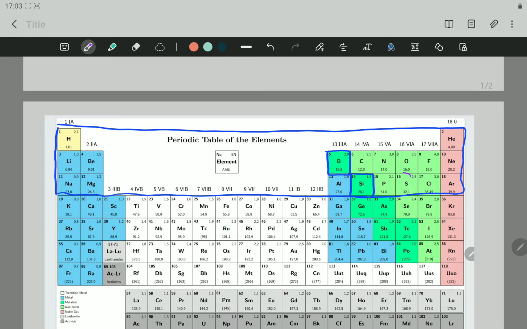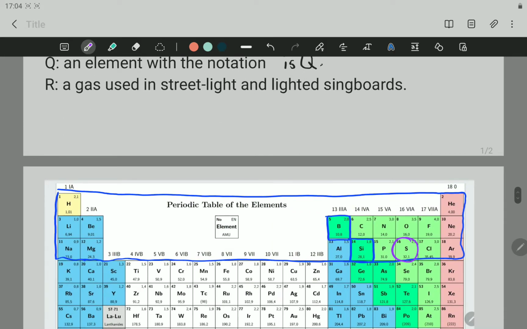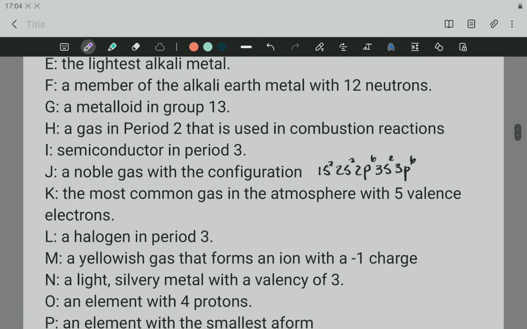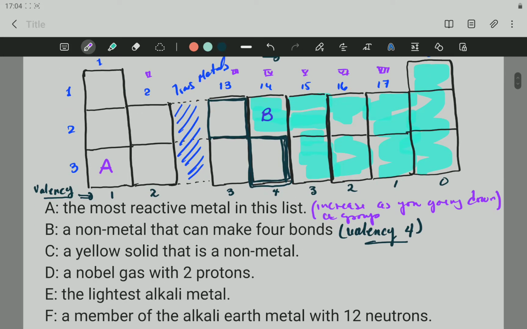However, this one here is the only one that is solid and is a powder. So it is in group 16, period 3. That here, which is sulfur, is number C. This one is for C, and remember that is sulfur. Let's write it here.